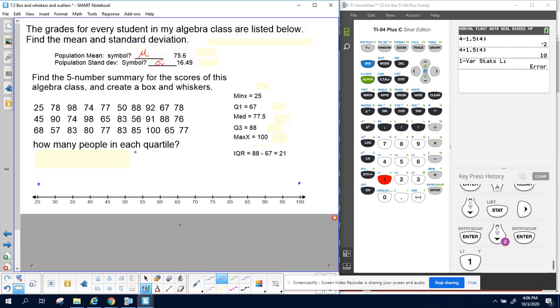The quartile 1 gets a vertical bar, so approximately here at 67, vertical bar. The median number, 77.5, vertical bar. And the quartile 3 number, approximately right here. Create your box and attach the whiskers to the right side of the box and the left side of the box.